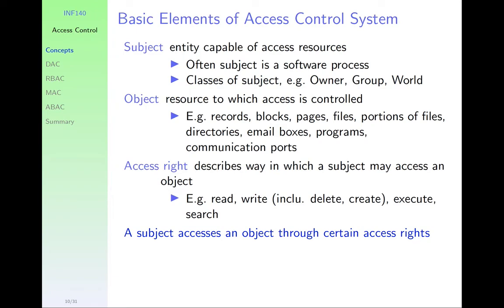So basically, for the summary, a subject accesses an object through certain access rights. When we talk about a lot of activities in the computer system, if you try to classify all these activities, then in fact there are not many. You either read a file, a Word file, a PDF file, you play a video, you play music.